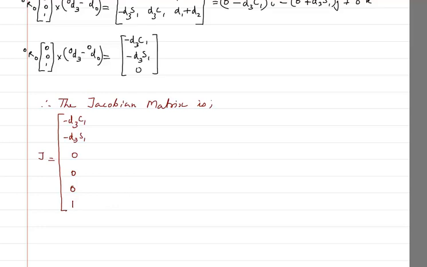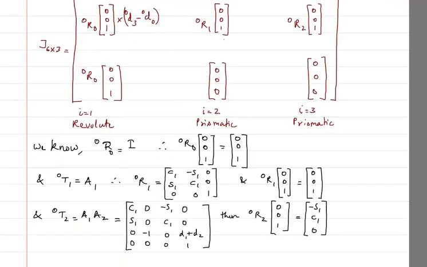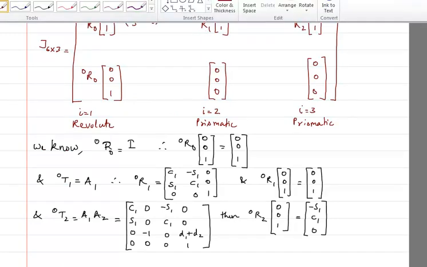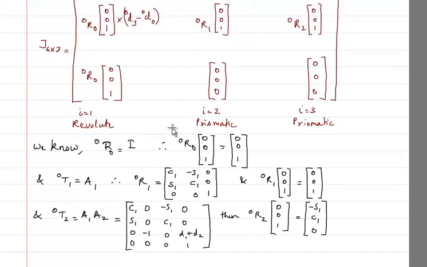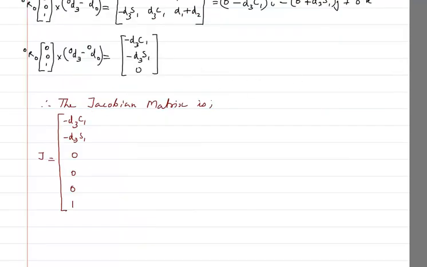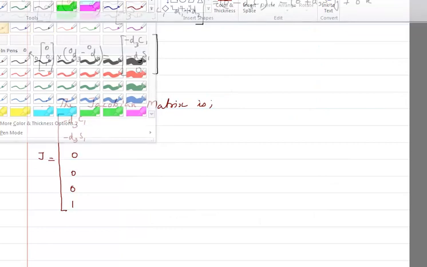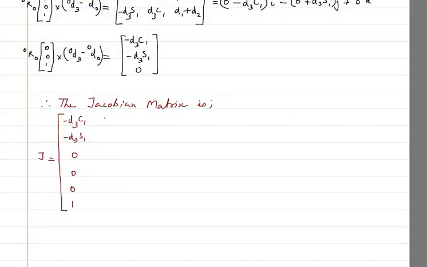The next is the second column. The second column is 0 r1 0 0 1, which we have already found out here, which again comes out to be 0 0 1, and the last portion is 0 0 0. So this one here will be, according to the equation, 0 0 1 followed by 3 zeros.